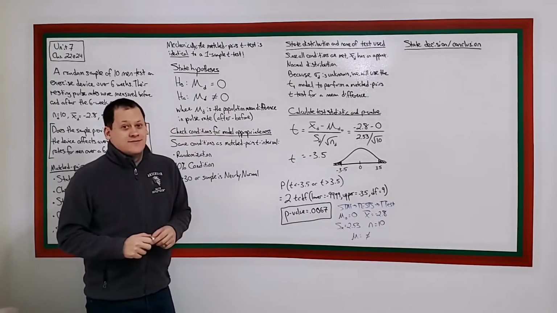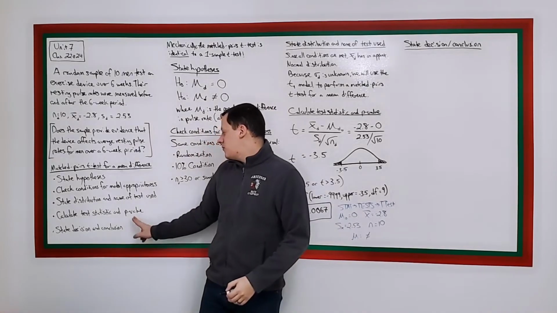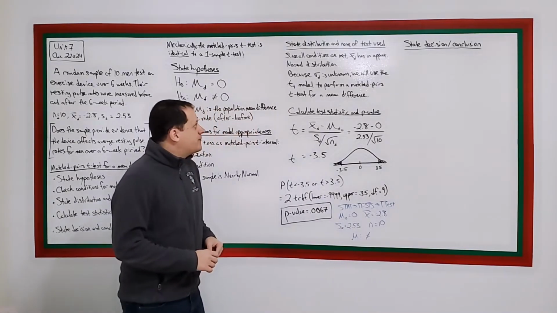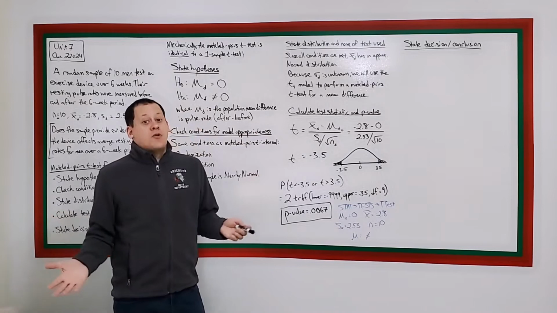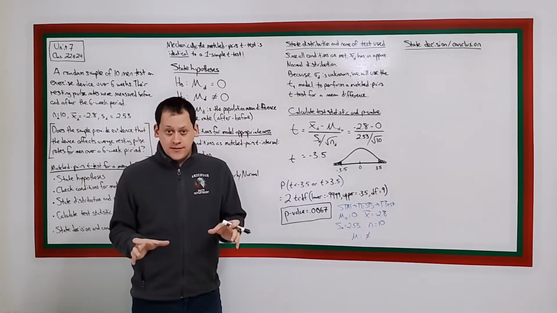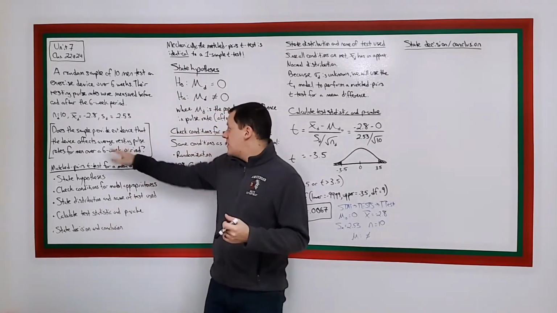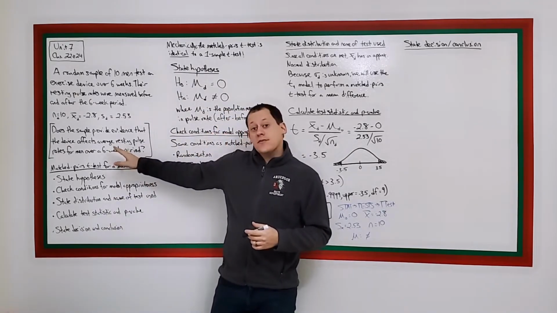So, all that's left, decision and conclusion, our last step once we have our p-value. Remember, stating your decision and conclusion, those are two separate things. The conclusion is, does this sample provide evidence? That's when you answer this.